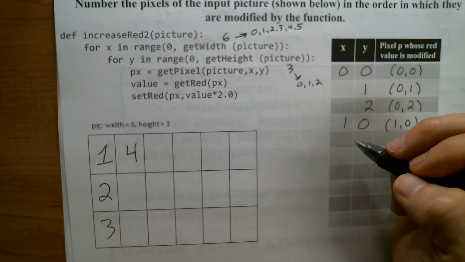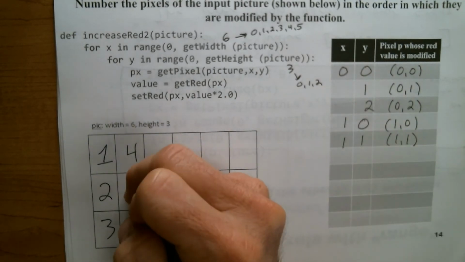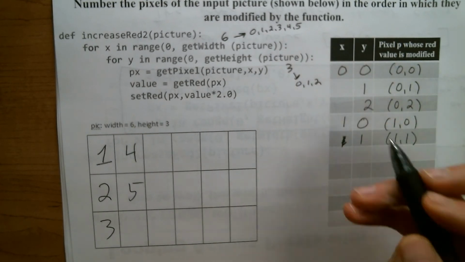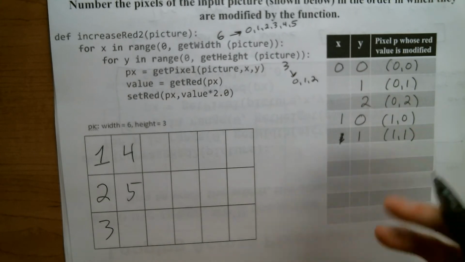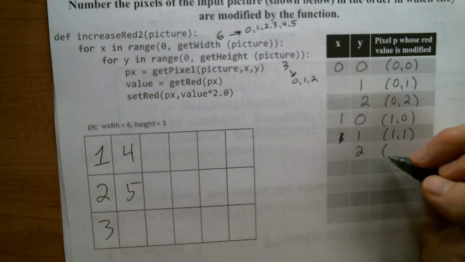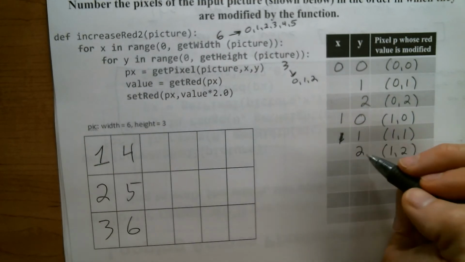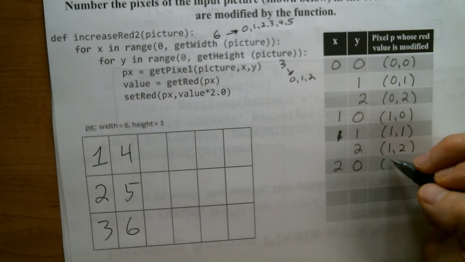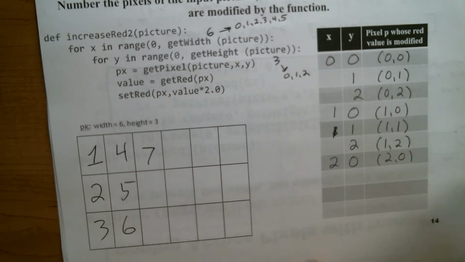And then you can start to see what's happening here. This is going to be 1, 1, so this will happen next. You can rewrite the 1 there, but I actually don't like to do it because it makes it easier to see the outer loop and inner loop. So 1, 2, which is going to be the 6th one. At this point, the inner loop is finished. So we go to 2, 0, which would be this box, the 7th one that gets modified.